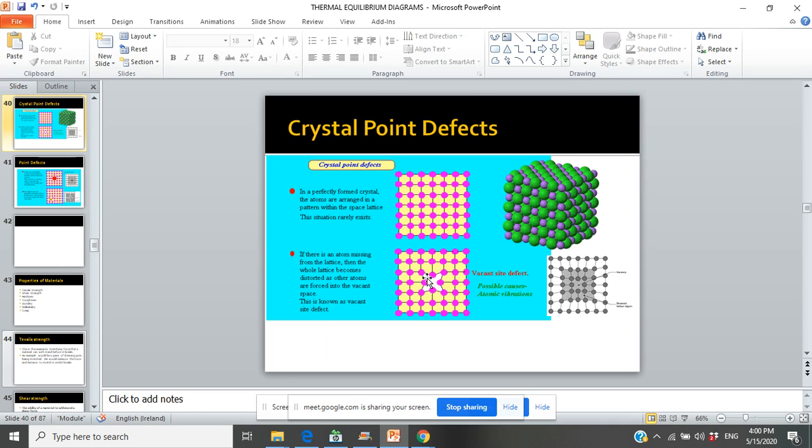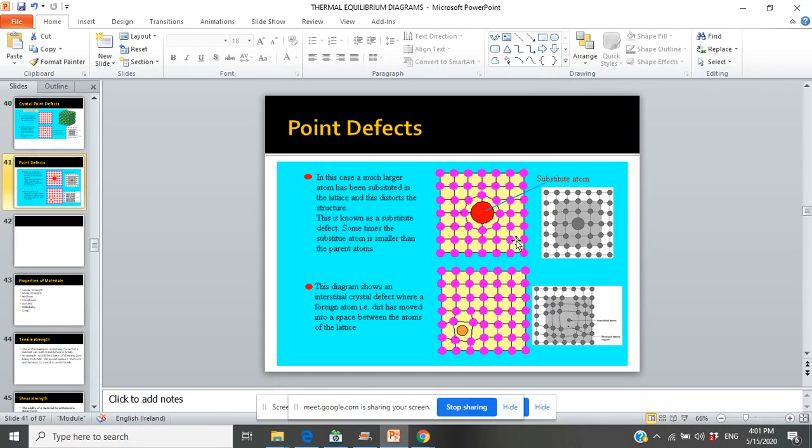A vacant site defect is where an atom is missing in the structure. Basically what happens is it strains the electromagnetic bonds, and if there's a strain there, slippage will be restricted. So this actually strengthens the material. The same applies for a substitution defect, where there's a foreign atom in the middle of the structure.